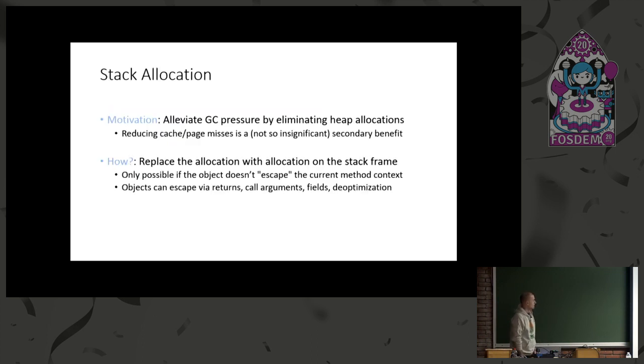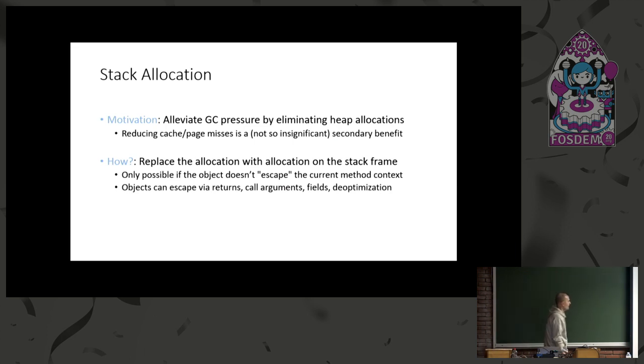So, stack allocation. The main motivation was to alleviate some of the GC pressure. It was originally brought to us when we started working on this by Kirk Pepperdine. Some of you may know him. He's big on GC tuning in the Java world, and as we were looking at some Spark workloads to improve them, he would say, these allocations in Scala give the GC seizures, it's really bad, you guys should try to fix this.